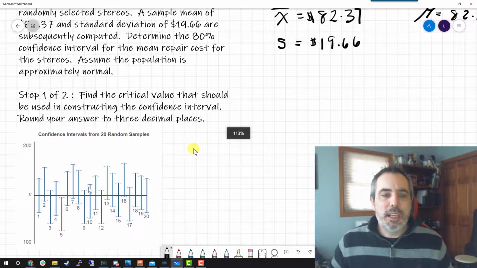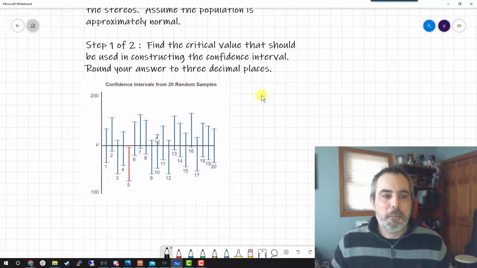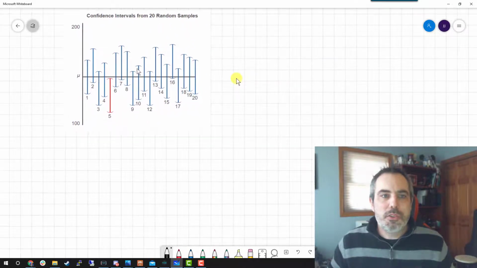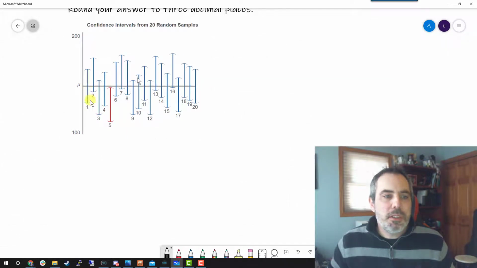What we're really looking at is a confidence interval where, if he were to do these repairs, and this example is if he did samples of 20, if he were to sample 20 of the repairs, the lowest and the highest repair costs of that average is kind of shown here. So he did 4, and you'll notice that there was a low and a high on each one of these. Here is the actual population average. You can see it listed right here.